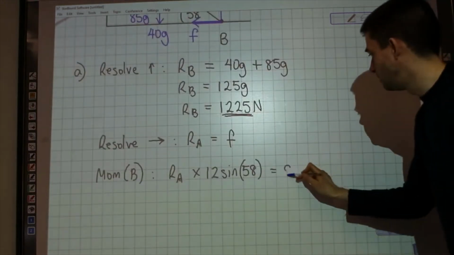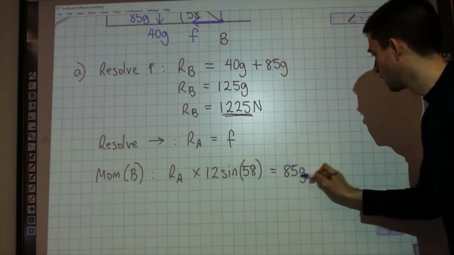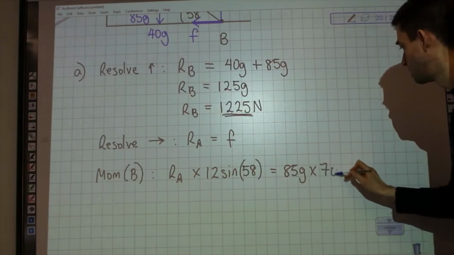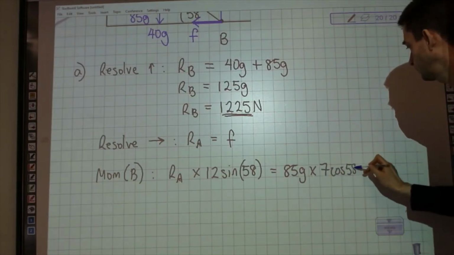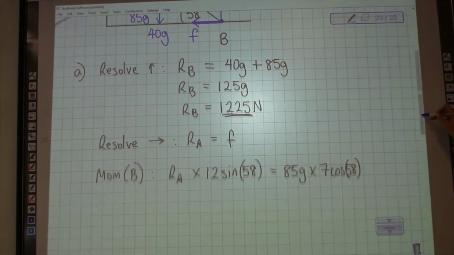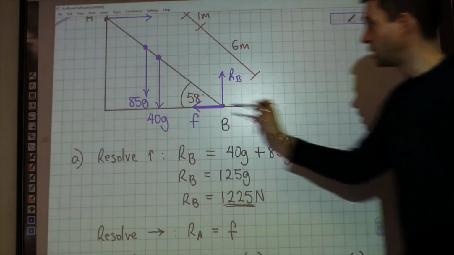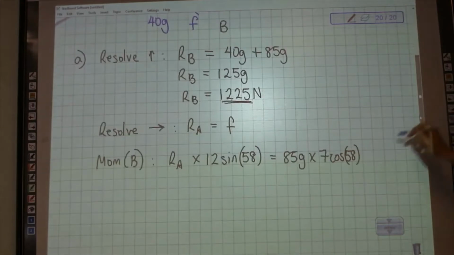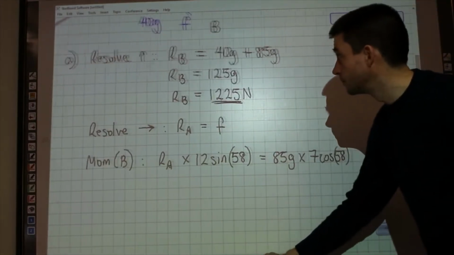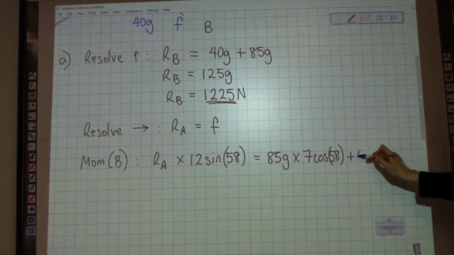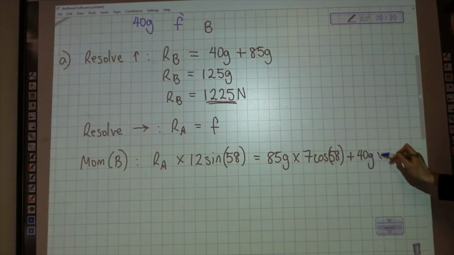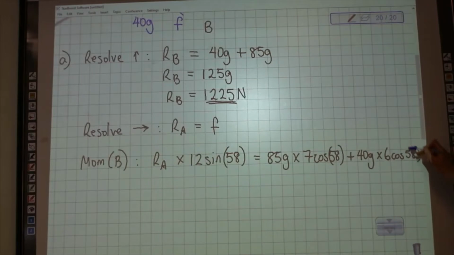So 85G times by 7 cos 58. And the 40G, the hypotenuse is 6, but it's still the adjacent side. So that's going to be plus 40G times by 6 cos 58.